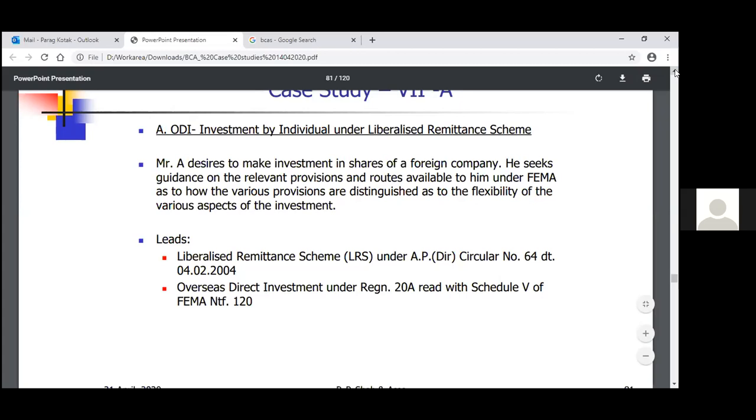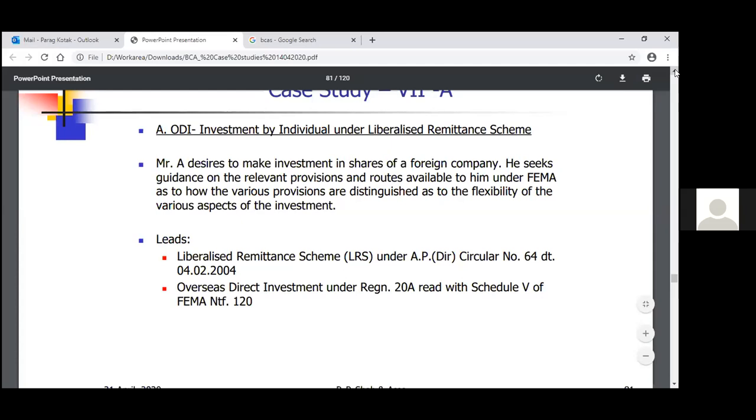To tell you that something which is possible under liberalized remittance scheme could be not possible in 120. So that was the idea to bring out this case study. And a lot of flexibility which is available under notification 120 is not available under the liberalized remittance scheme, which was also a purpose to put out this case study.